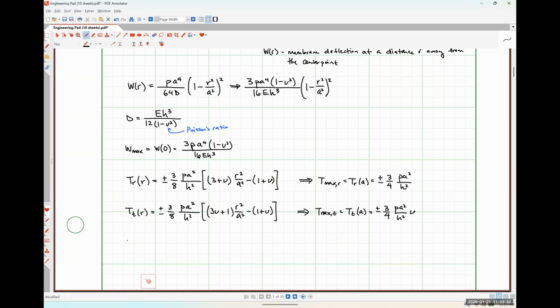So at the center of the diaphragm, we're going to have TR at 0 equal to TT at 0, and that'll be minus plus 3/8 PA squared over H squared times 1 plus nu. There we go.